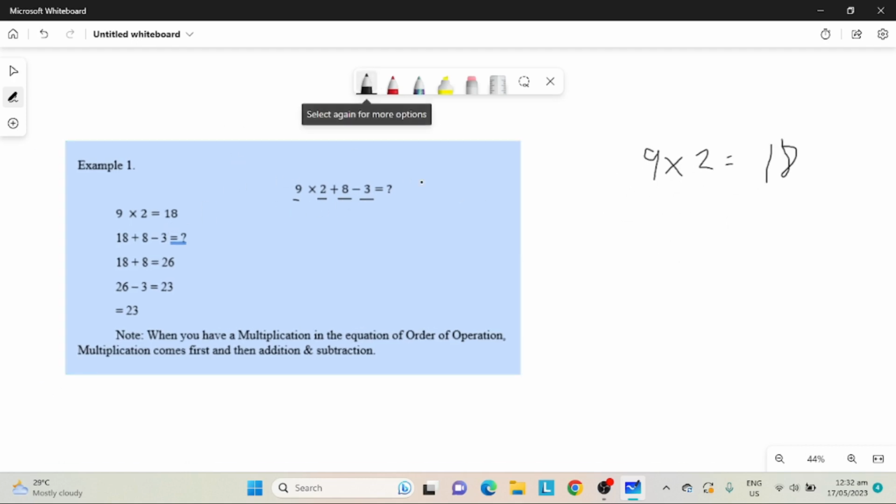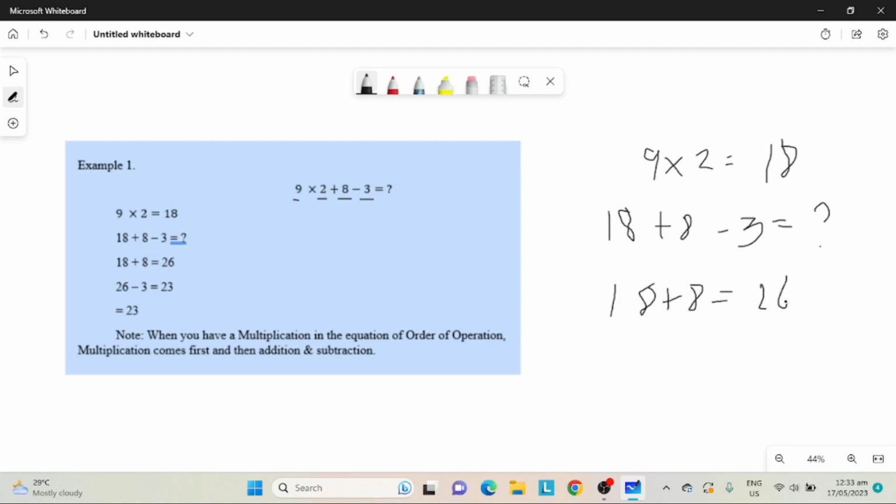So we have 9 times 2 is equal to 18 first. Now bring down the 18, then copy the rest of the given, which is plus 8 minus 3. Now do the operations. 18 plus 8 is equal to 26. And then 26 minus 3 is equal to 23.